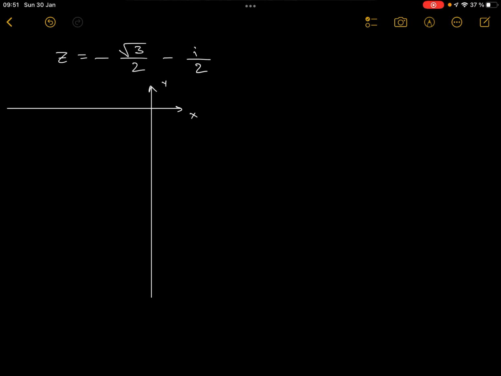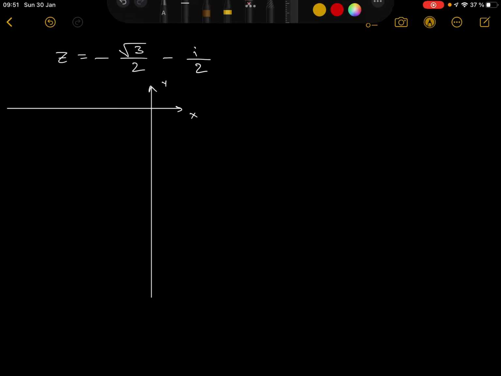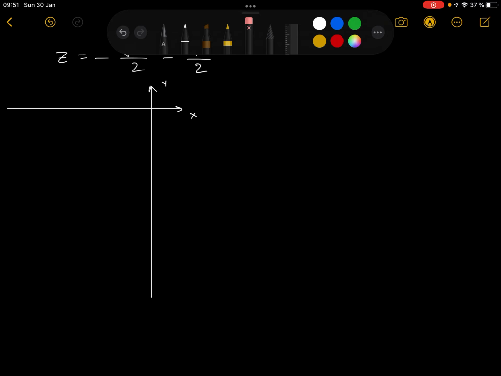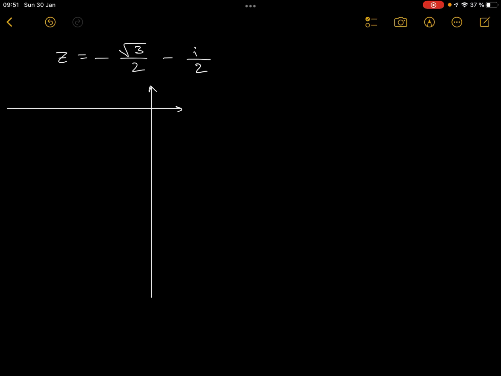And this x-axis is actually our real axis in this case. Okay, so this is the real axis and this is the imaginary axis.